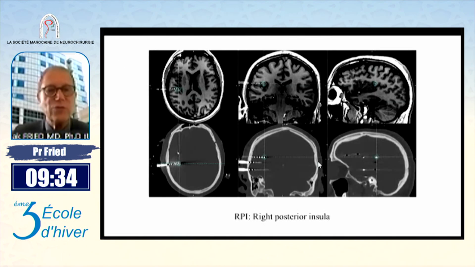What can we do? So this is a classical case, where we basically end up implanting an RNS electrode.